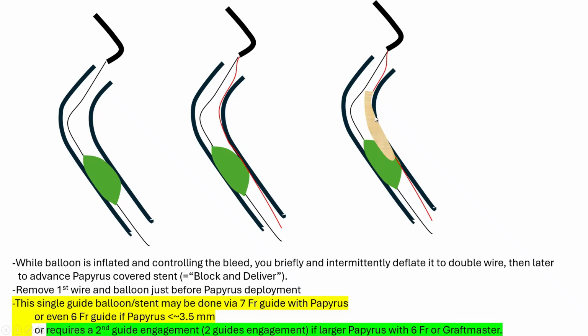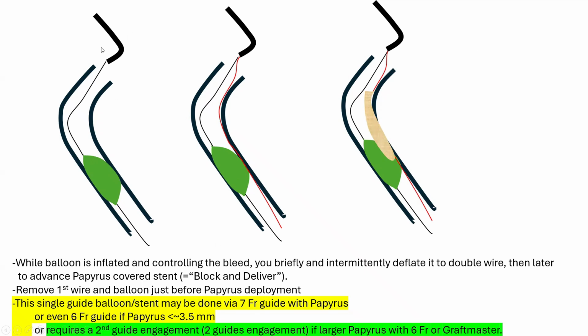Now, this may be done with PK Papyrus in a 7 French system for all sizes of PK Papyrus. It may even be done in a 6 French guide if you're using, like I said, a smaller PK Papyrus and smaller balloon, probably less than 3 to 3.5 millimeters for both balloon and Papyrus.